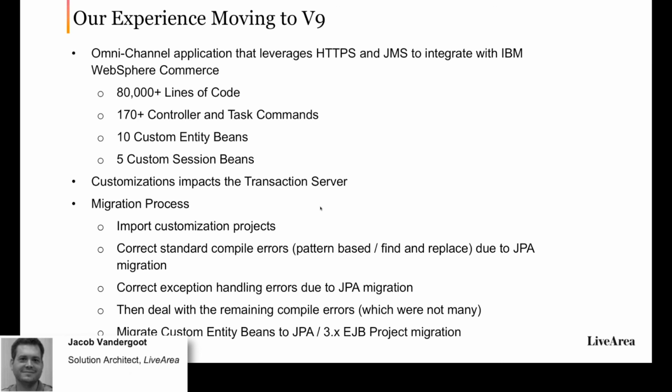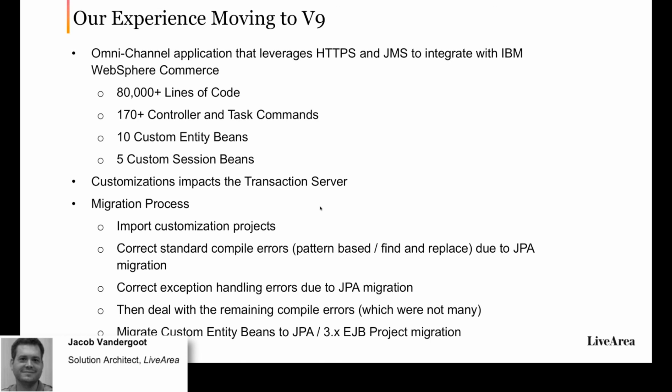One of the key points, though, is most of our customizations really focused on the transaction server directly. The process we followed was we took our customizations and imported the projects into the development environment, and then using the pattern-based find and replaces as well as the IBM tools to identify and fix code, we were able to tackle what seemed to be a daunting task with millions of compile errors.